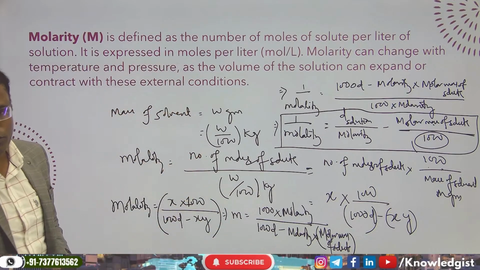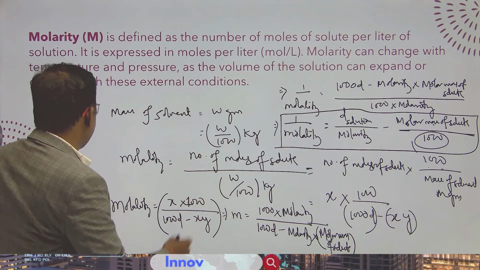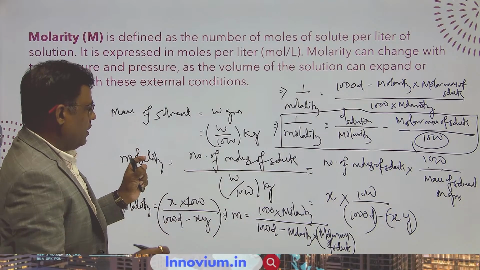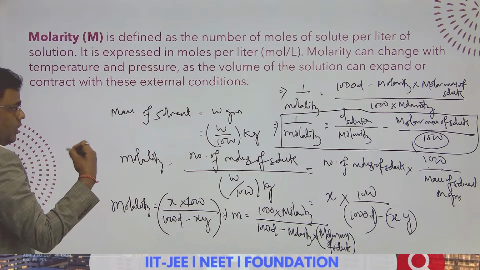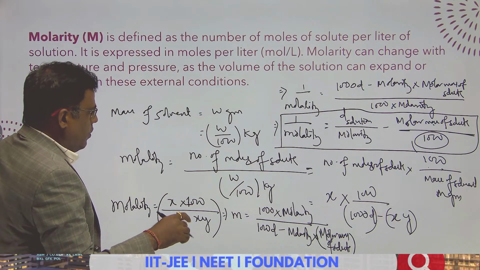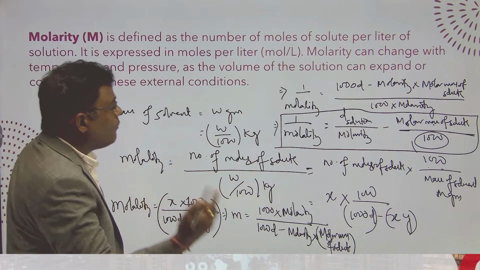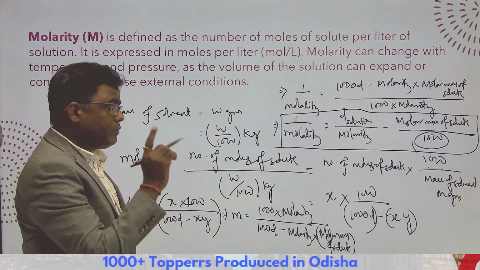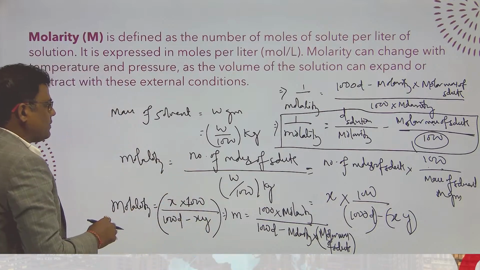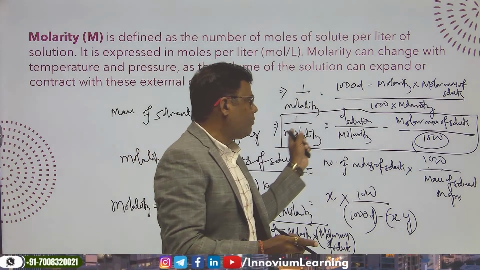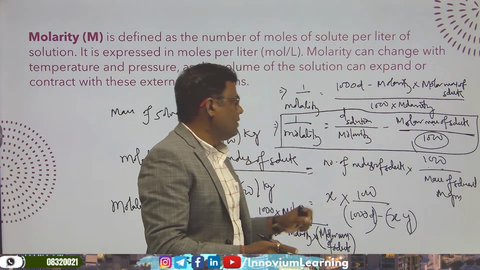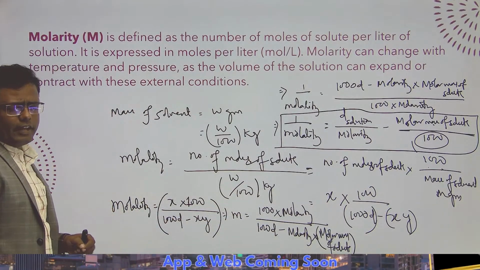Those things we'll discuss in the next class. And there is one important case where we know that molality becomes equal to molarity, correct. That case can be derived from this expression. That we will discuss in the next class.